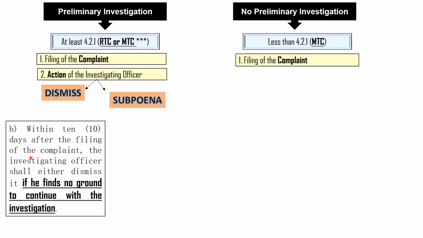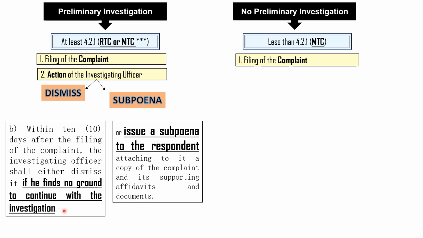Within 10 days after the filing of the complaint, the investigating officer shall either dismiss the complaint if he finds no ground to continue with the investigation, or he can choose to issue a subpoena to the respondent. And when this is his choice, issue a subpoena, together with that subpoena is a copy of the complaint as well as the supporting affidavits and documents.